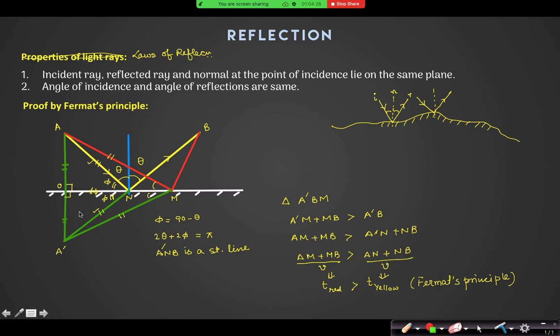Now tell me the last third line. I have marked ON because I have said that in these two triangles AON and A prime ON, this ON side is common to both. These angles are 90 degrees, and this AO is equal to A prime O. Right?